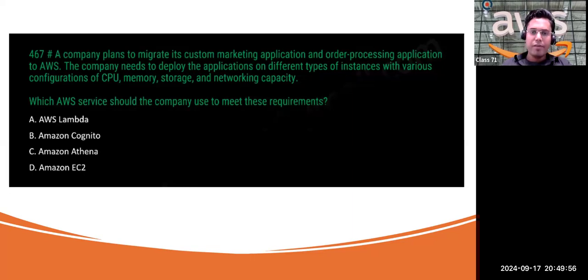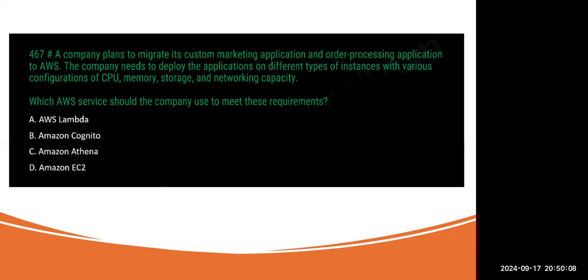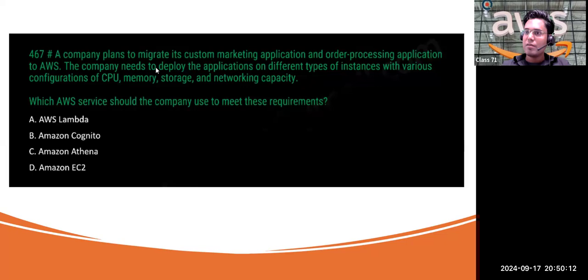Instance types we already learned in the first class of AWS. We have different classes, different tiers, instance sizes. We have Amazon EC2. They are talking about different types of instances with various configurations: CPUs, memory, storage, networking capacity. So we have only one service, which is EC2.